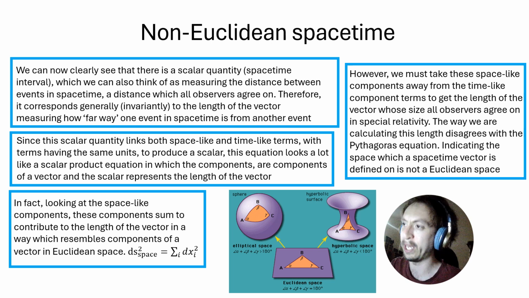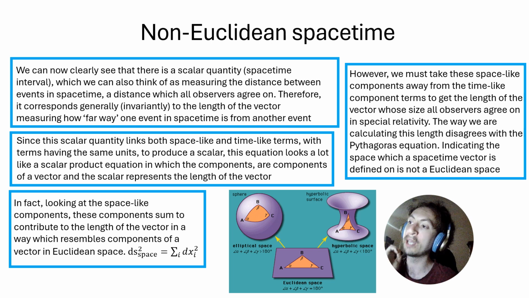No, instead we had to take this time-like term, square it, and then take away the square of the space-like terms, and it's this minus sign which is jarringly different from how you would collect components of a vector together to get the length of a vector in Euclidean geometry.